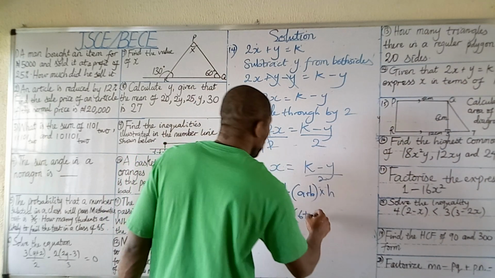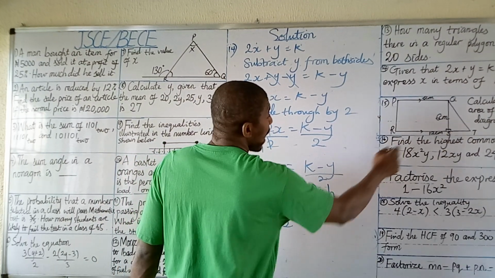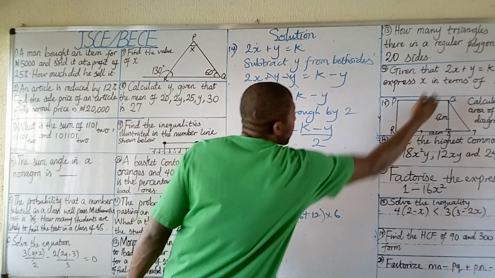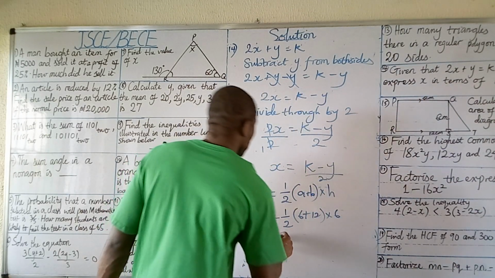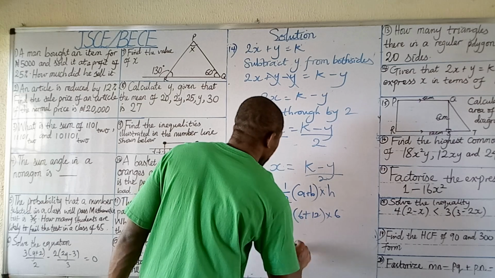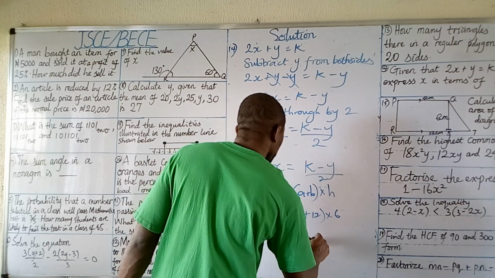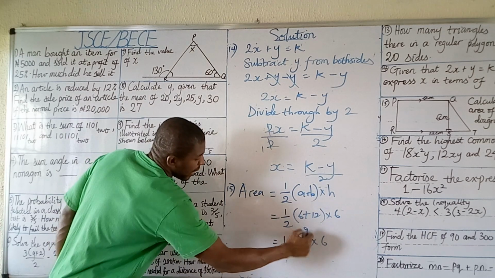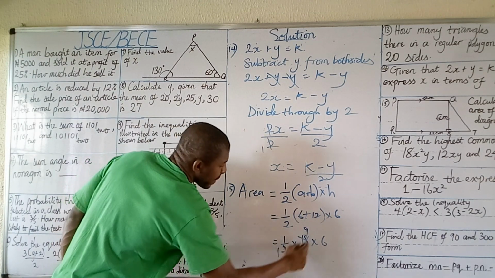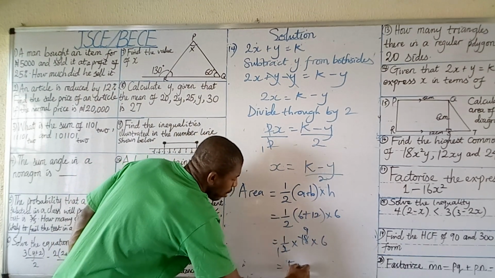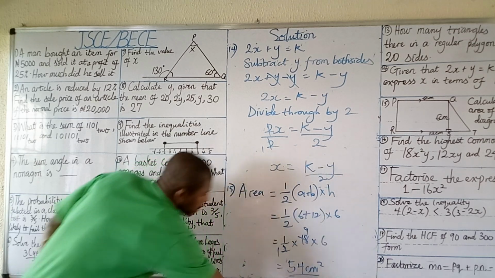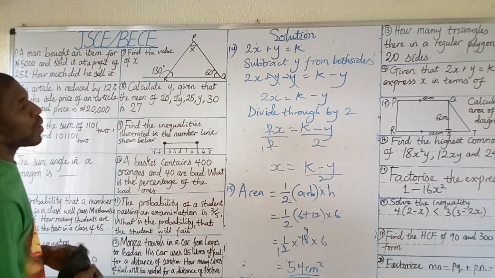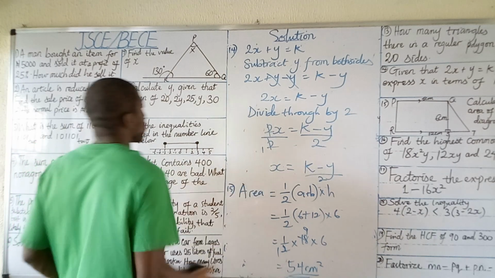Side B is the longer side, which is 12, times the height, which is 6. Look at the height here, 6. So I'm going to have 1 over 2 times 18 times 6. 2 goes into 18, gives me 9. The area will be 9 times 6, 54 cm squared. This is our area for the trapezium in question 15.